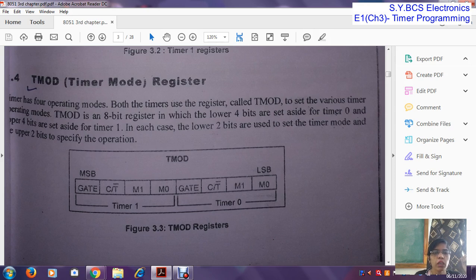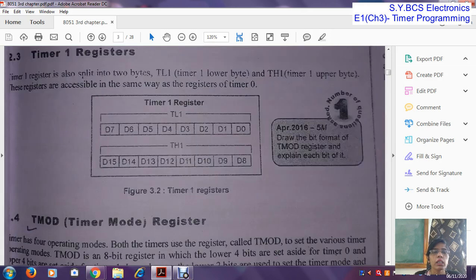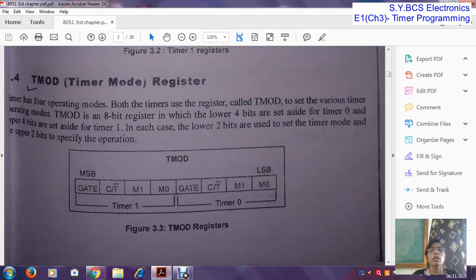Both the timers use the register called TMOD. This TMOD register is a special function register, an SFR. Its function is to control the operation of the timer registers. The timers, timer 0 and timer 1, are used for delay generation or as an event counter, and the operation is controlled by the TMOD register.